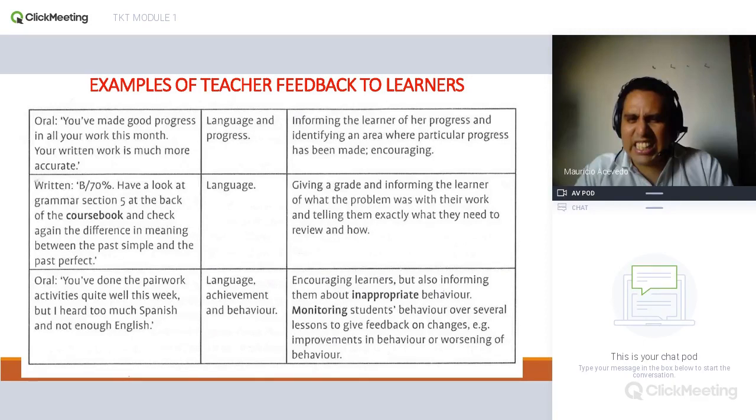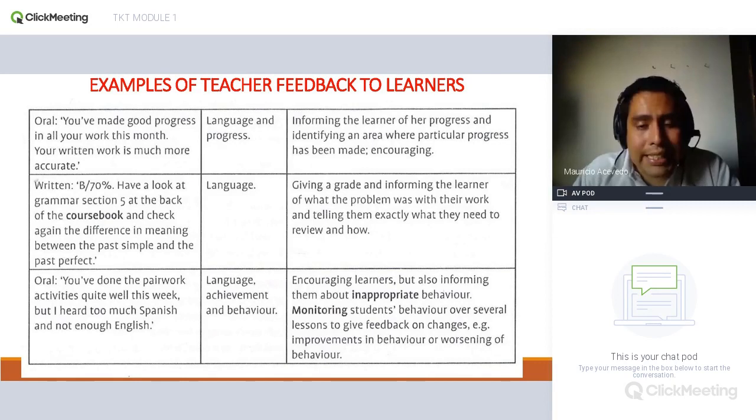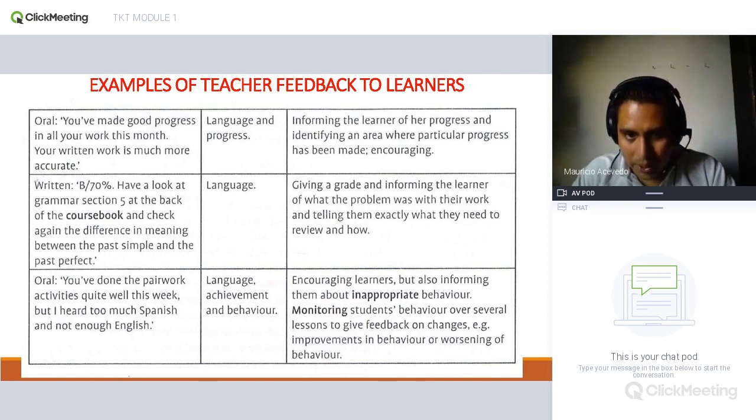So maybe you say no using Spanish in the classroom, and obviously he's misbehaving and he doesn't get achievements. Okay, so the example of this is encouraging learners, but also informing them of inappropriate behavior, in this case using Spanish, monitoring a student's behavior over several lessons to give feedback on changes, for example improvements in behavior or worsening of behavior.